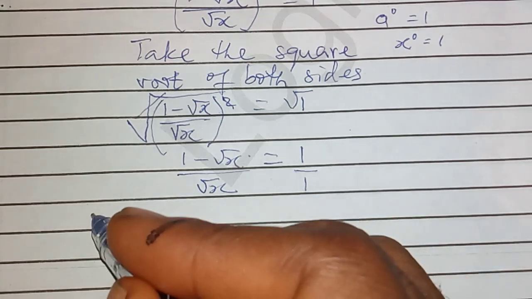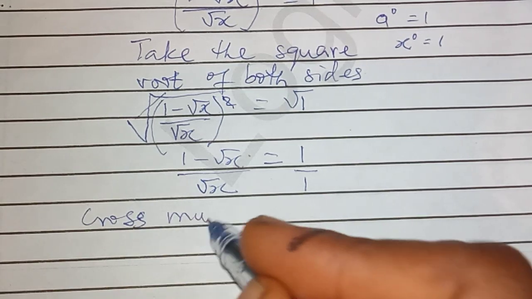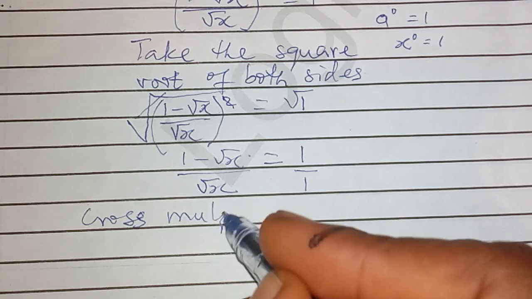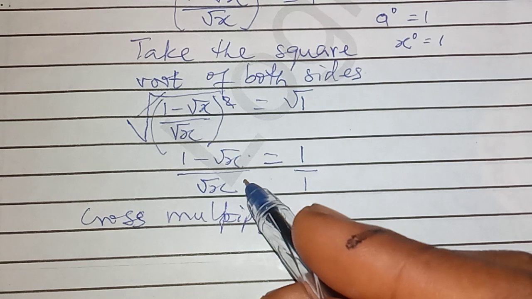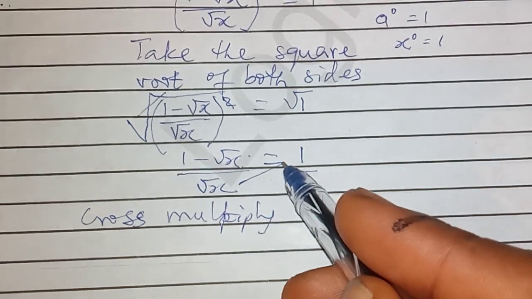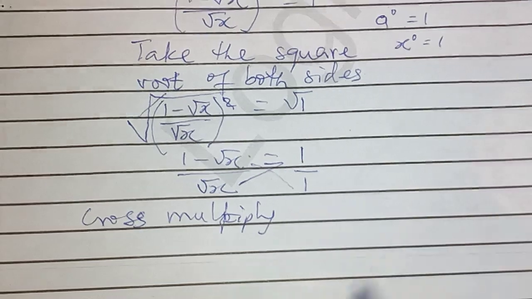So having done that, this 1 can also be written as 1 over 1. Then from here, we cross multiply. So when we cross multiply, the square root of x will multiply 1. And also 1 minus square root of x will also multiply this 1 here.